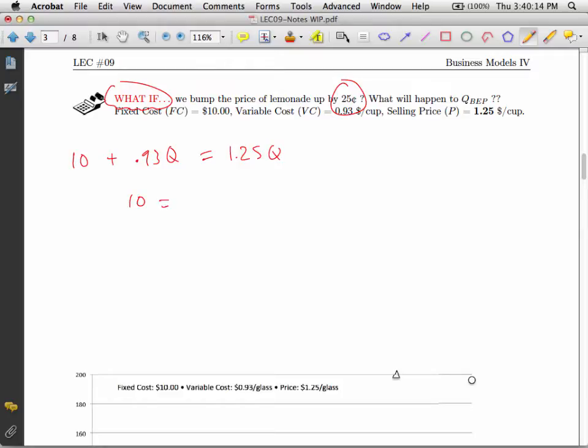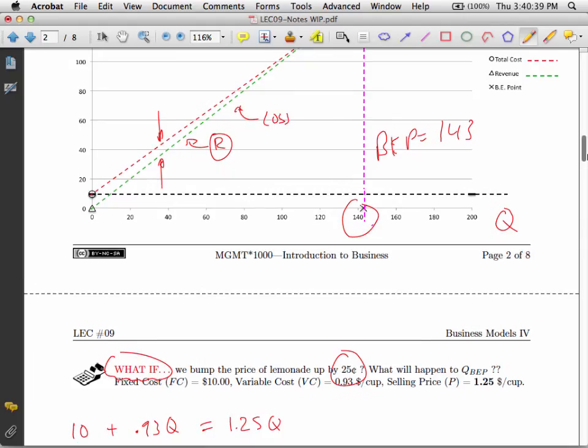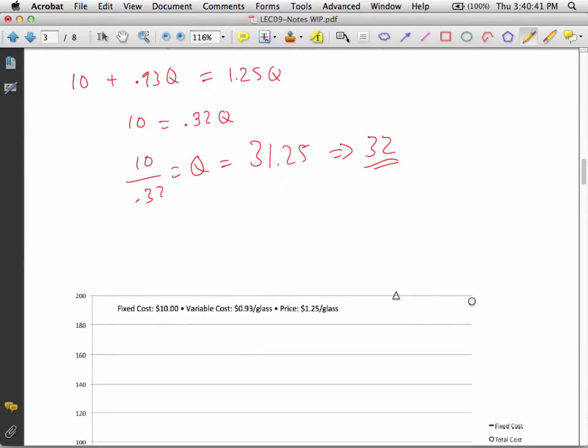So 10 on this side, $0.32 or 32 cents over here times Q. 10 over 0.32 is equal to Q, which is equal to 31.25 glasses of lemonade, but nobody wants a quarter of a glass of lemonade, so we'll just call that 32 cups of lemonade, which is less than 143. So there we go, much like we expected.